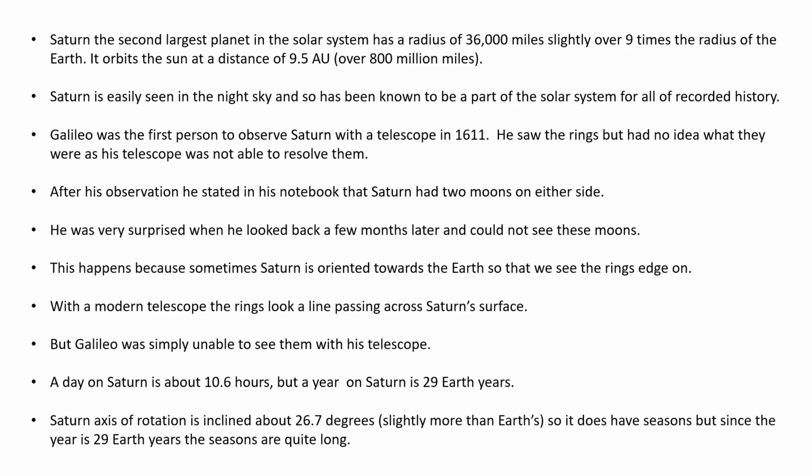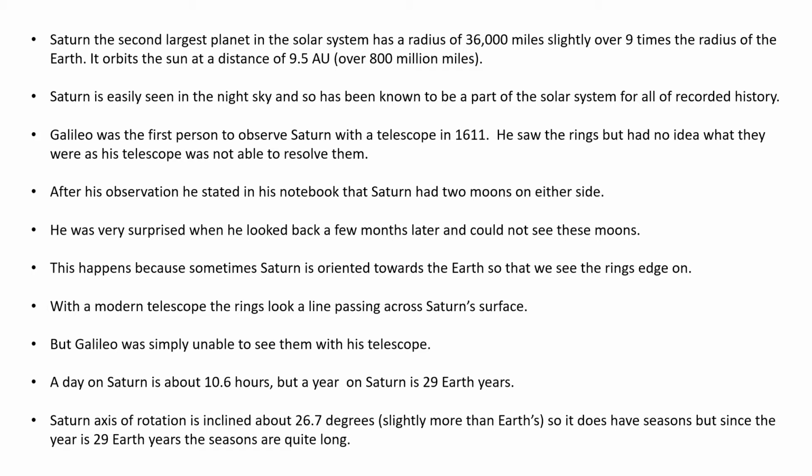And the astronomical unit is just the distance from the Earth to the Sun on average. But that 9.5 AU is about 800 million miles. So that's the average radius of Saturn's orbit. It's almost twice as far from the Sun as Jupiter is.